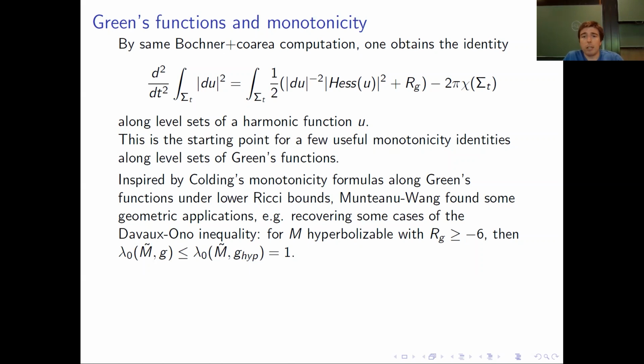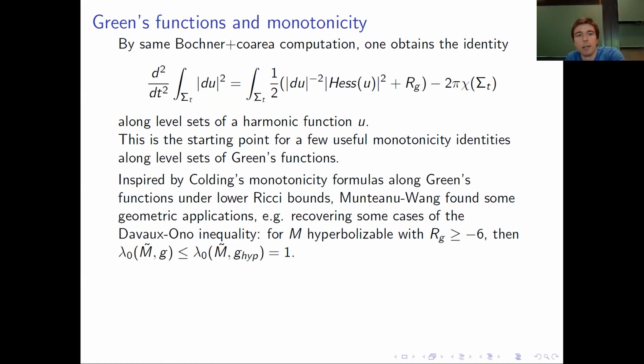And they found some interesting applications, including, for instance, recovering in dimension 3 some instances of the so-called Davaux-Ono inequality, which tells you that if you have a hyperbolizable manifold with scalar curvature at least -6, so it's bounded below by the scalar curvature of the hyperbolic guy, then in fact the bottom of the L2 spectrum of the universal cover is bounded from above by the bottom of the L2 spectrum in the hyperbolic case. Okay, so it's interesting, a spectral rigidity result in the negative scalar curvature setting.